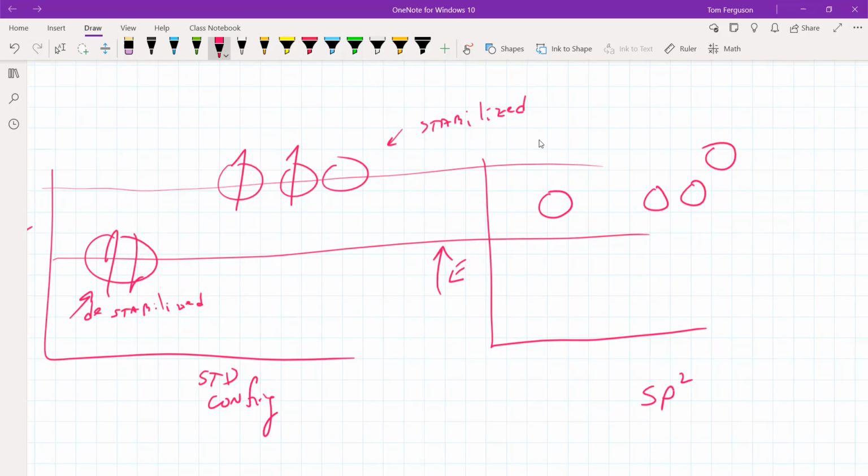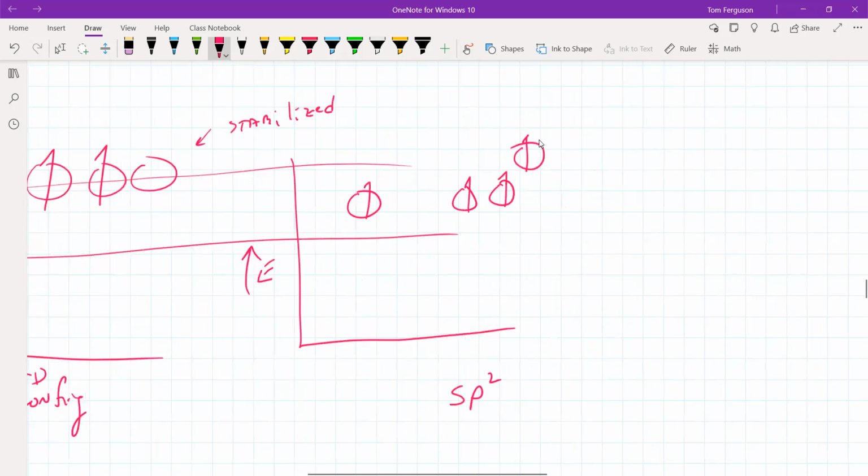Okay, so now between the sp2 and the sp3, which is the more stabilized? The one on the right, compared to sp3. That's right. That's correct. Okay, so let me draw sp3 below here.